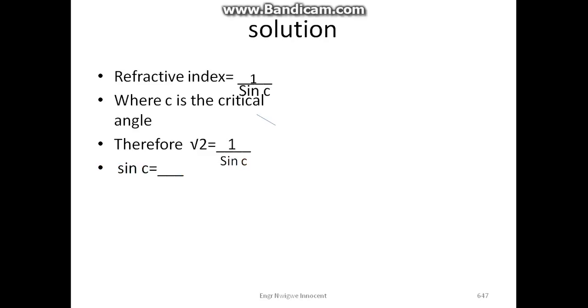Making sin c the subject of the formula, sin c is equal to 1 over square root of 2, which is equal to 0.70710. Therefore, the sine inverse of 0.70710 is equal to c, 45. The critical angle is 45.